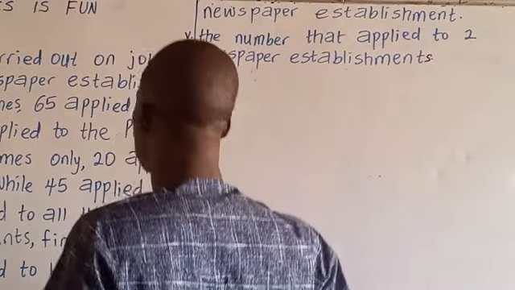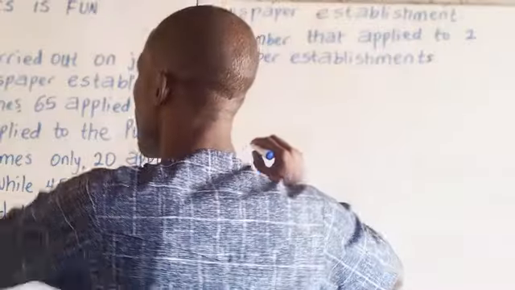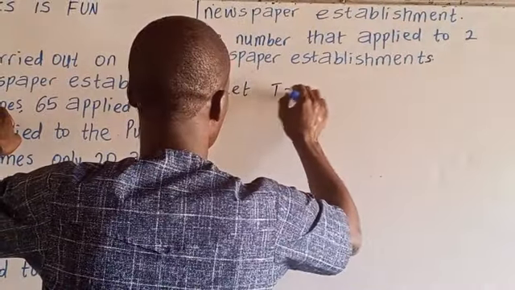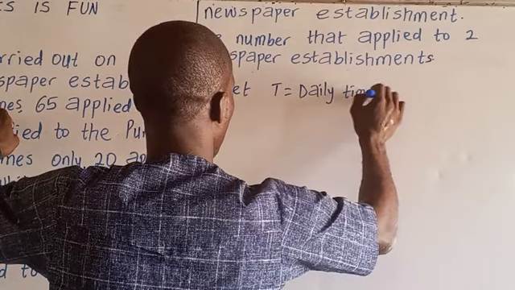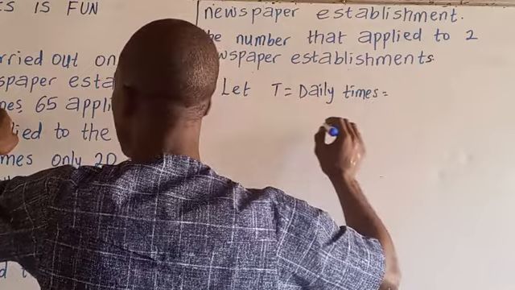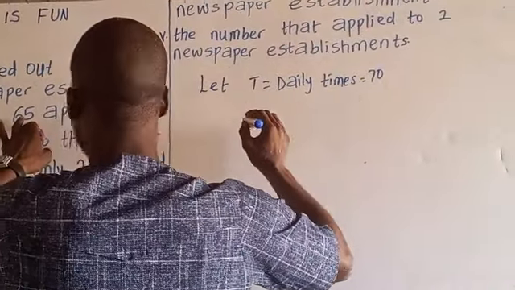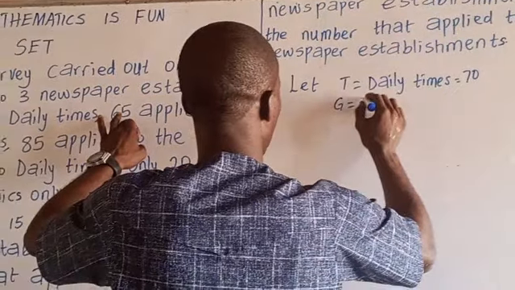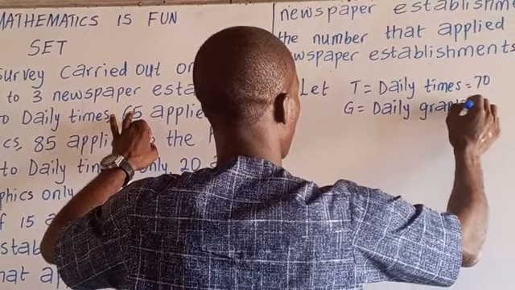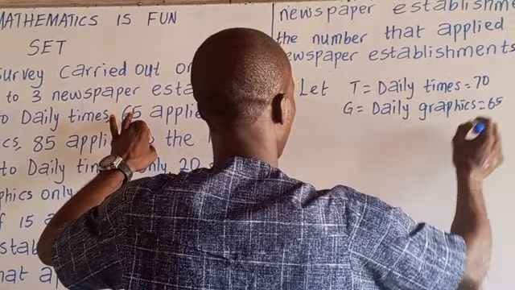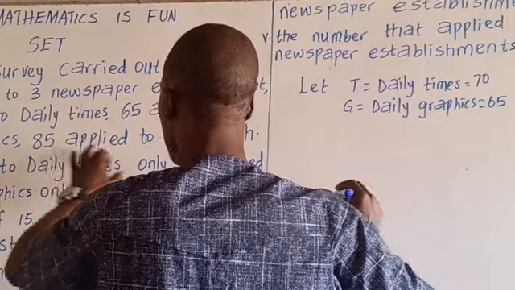Now, a quick one. We can just denote each establishment this way. Let T equal Daily Times, and the number that applied to Daily Times is 70. Then 65 applied to Daily Graphics. Let us use letter G. Then 85 applied to the Punch.